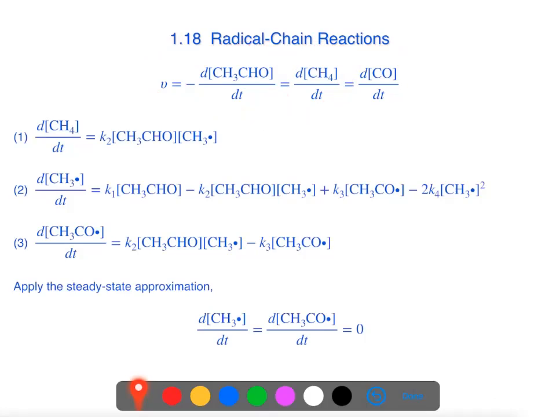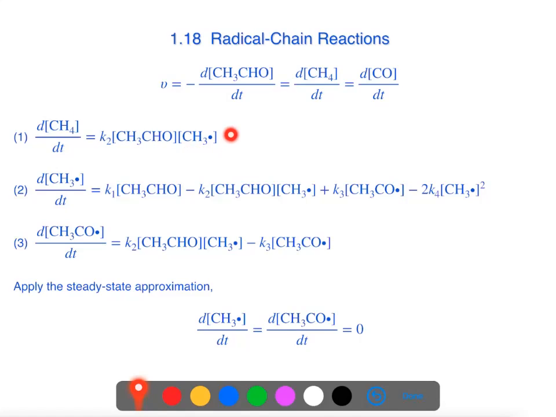This question in particular is asking us to solve for the formation of methane. So that's where we start this particular steady state approximation question. As shown, the rate of formation of methane is going to be equal to the rate constant K2 and dependent upon the concentration of ethanol and the methyl radical.